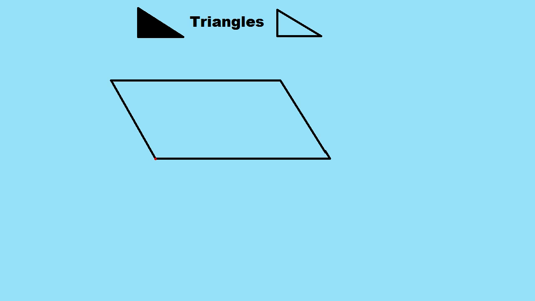So here we have a parallelogram, which when we cut in half, forms two triangles. So the formula of this parallelogram is area is equal to the base multiplied by the height. So that's for the entire parallelogram.